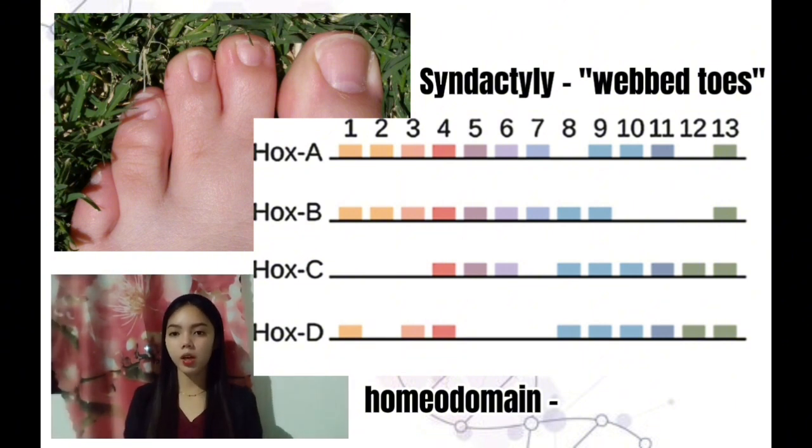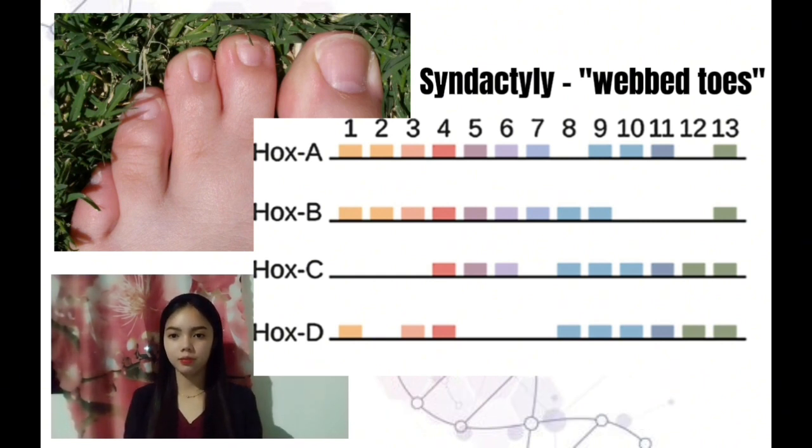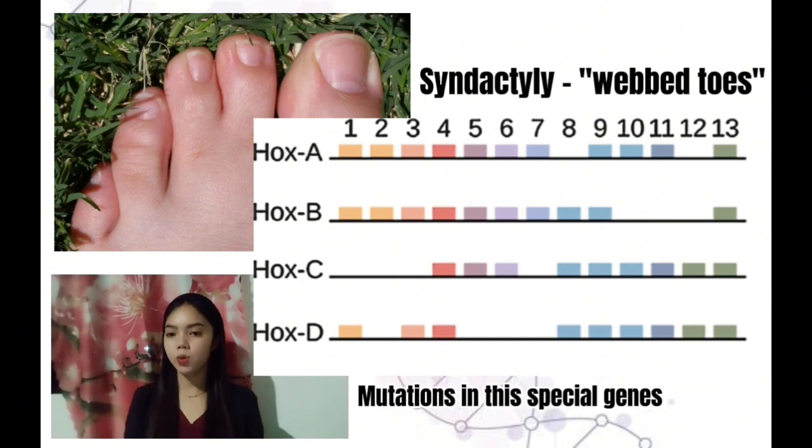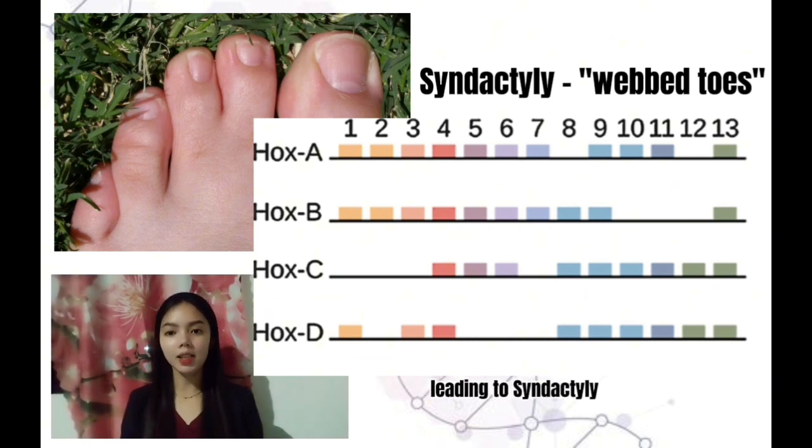These proteins are commonly referred to as HOXD13 proteins and HOXA13 proteins. Mutations in these genes can disrupt the normal development of fingers and toes, leading to syndactyly.